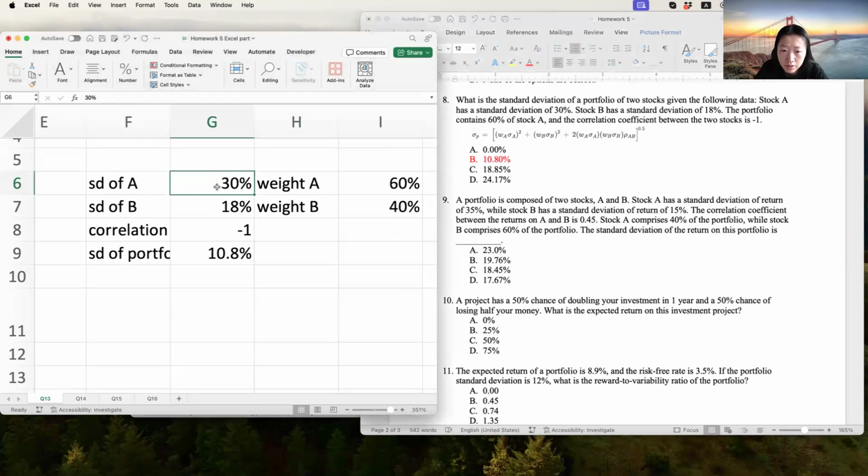The standard deviation of A is 35, so I'm changing it to 35. Then B's standard deviation changes to 15. Stock A has 40% in the portfolio, stock B has 60%, and the correlation is 0.45.